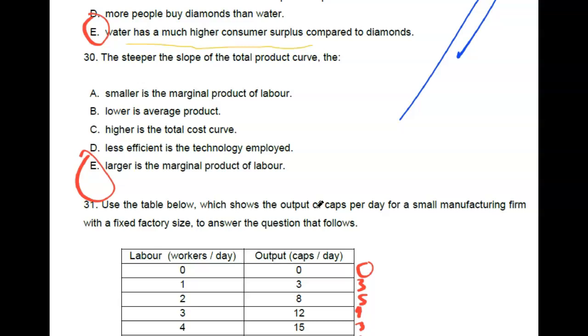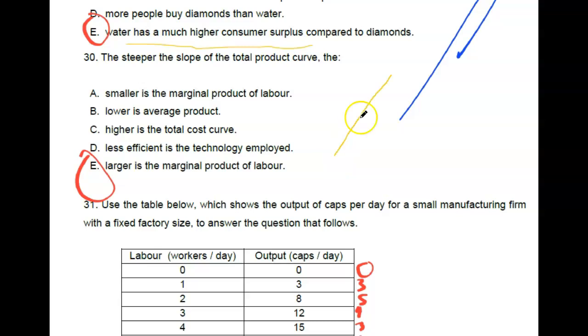30. The steeper the slope of the production curve, the larger the marginal product of labor. That is true, right? The total product is the amount of products, let's say a specific laborer does in a business. If you have one laborer, you might make 5 products. You have 2 laborers, they both might make 10 products. So that product column is called the total product, right?